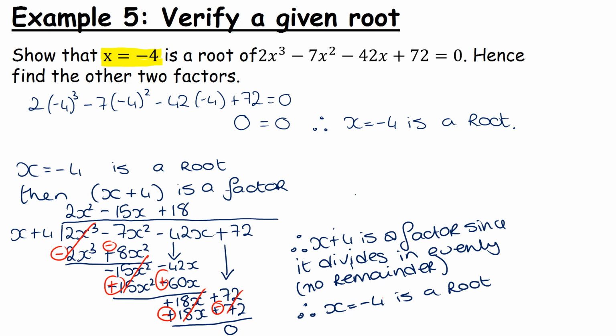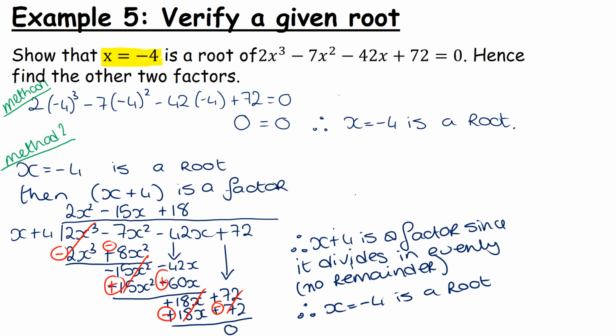Now, let's say this is method 1, and this is method 2. So you're looking at this saying, well, method 1 is clearly the easier method. Of course, I'd be doing that. However, we're not just asked to show that x equals minus 4 is a root.